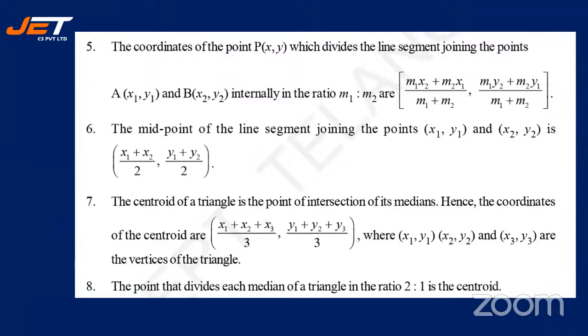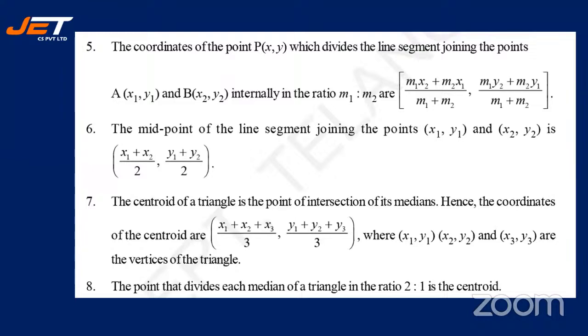Next is the coordinates of the point P of x comma y, which divides the line segment joining the points A of x1, y1 and B of x2, y2 internally in the ratio m1 is to m2: m1 x2 plus m2 x1 by m1 plus m2, m1 y2 plus m2 y1 by m1 plus m2.